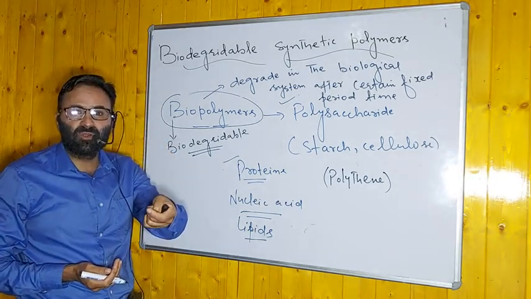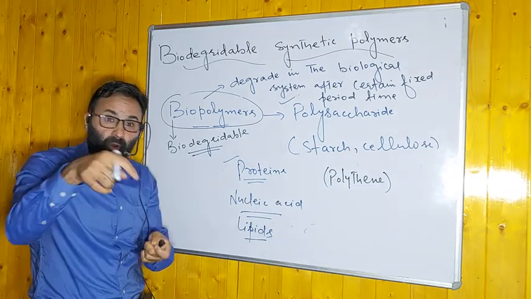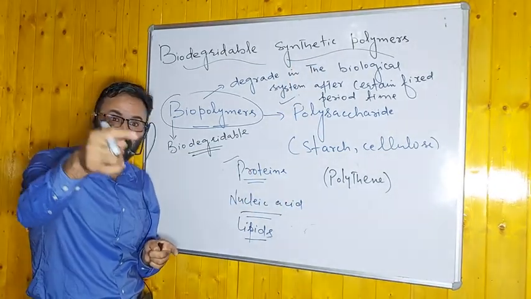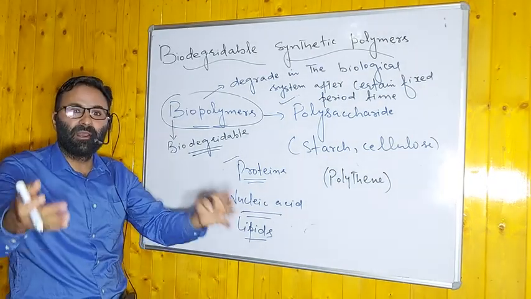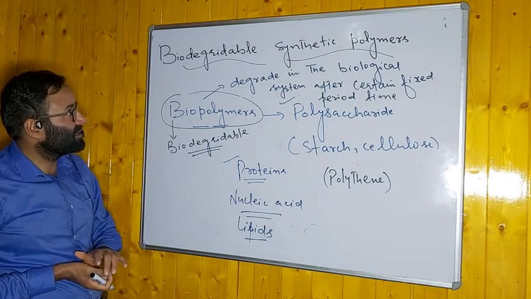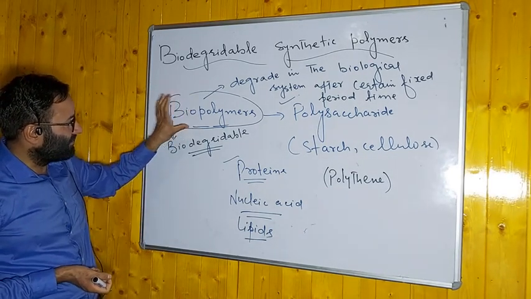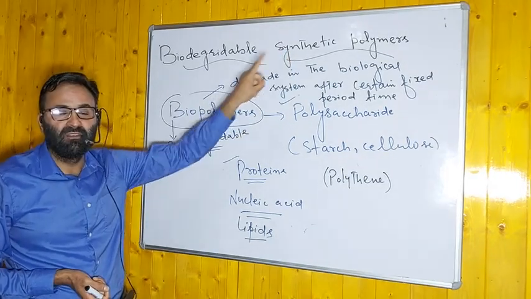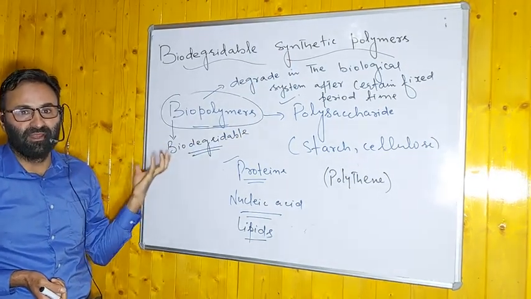But we want to prepare those synthetic polymers which are biodegradable in nature, in the environment, in the biological system. Remember this point. Biopolymers are biodegradable. We want to synthesize synthetic polymers which will also be biodegradable in nature.